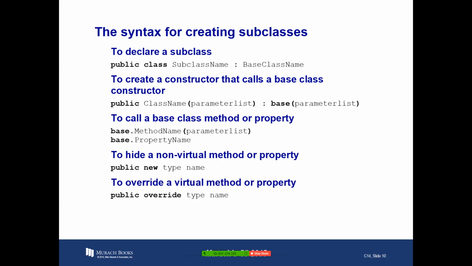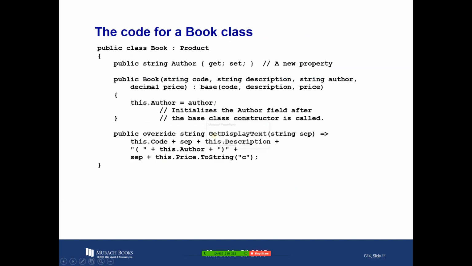So the syntax for creating subclasses, and we've been doing this, is you can have the access modifier here, public, the word class, and then the subclass name based on the base class. For example, when we create forms, let's see, do we have an example of that here?